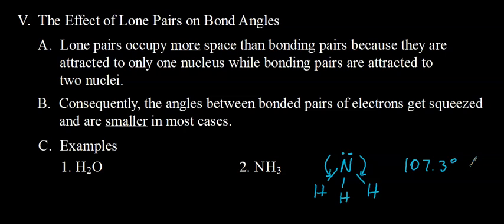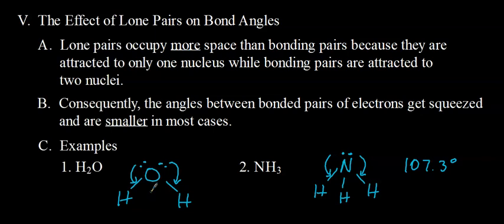Let's go back to water. Go ahead and draw the Lewis structure for water. Pause the video. This time we have 2 lone pairs of electrons. And they're pushing those shared pairs of electrons between oxygen and hydrogen closer together. Definitely much closer than 109.5.